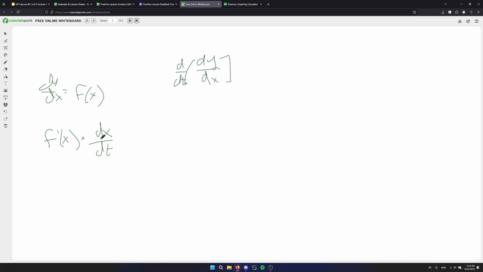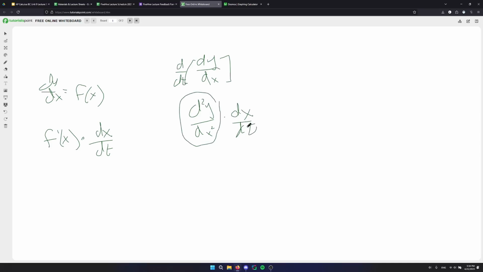Using this similar structure, we can first take the derivative of dy/dx in terms of x. So that's our second derivative here. And then remember, x itself is a function in terms of t, because t is our parameter. So we have to apply our chain rule, so multiply by dx/dt. However, all we want is the second derivative.